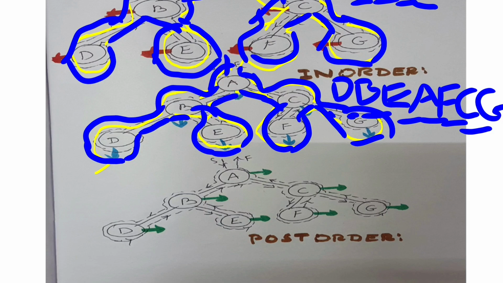Okay. Next, for post order sequence, so this yellow mark path we'll have to mark. After that, instead of left arrow lines or down arrow lines, we have to take right arrow lines.